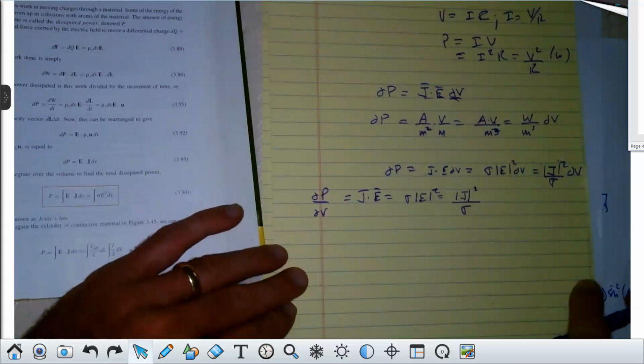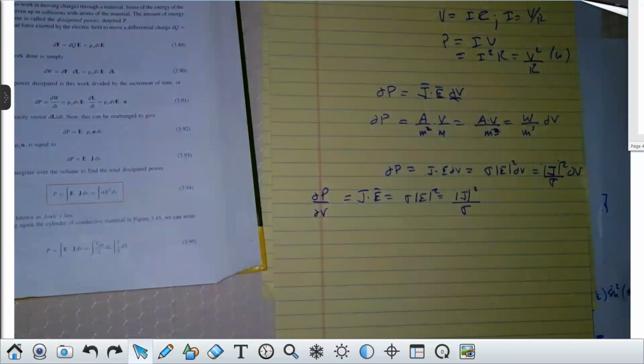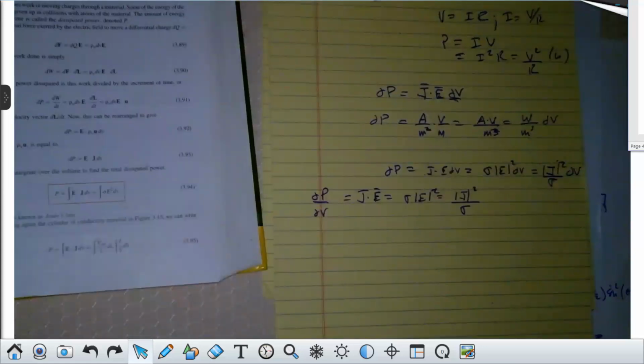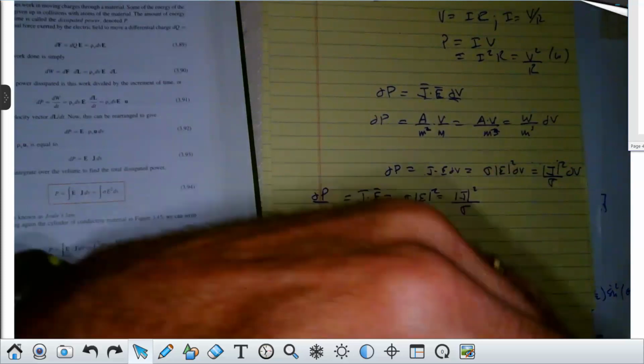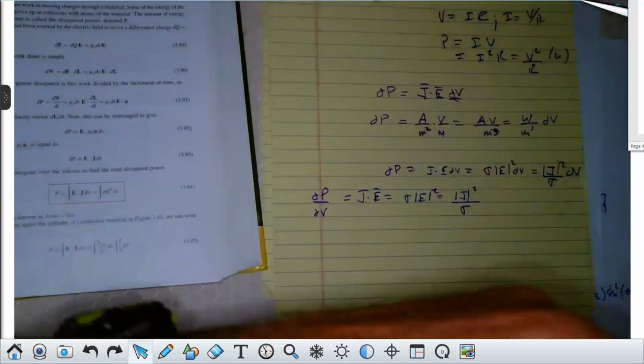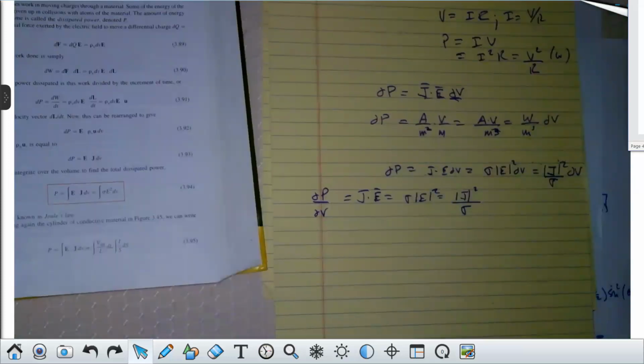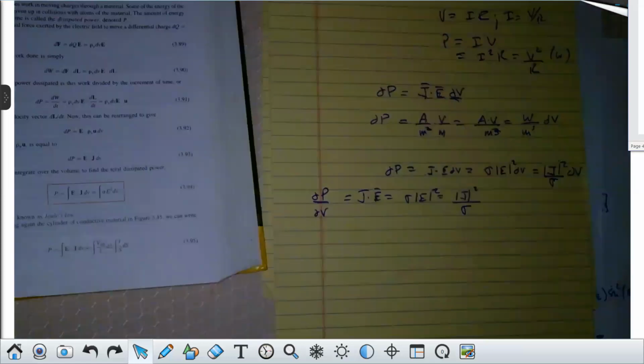All right, you do. So I'm going to go ahead and do an example. And we're going to take a look at resistance two ways. The first way is by doing it the classic way, assuming I, calculating J, then from J get E, and after E get V by integrating E dot dl. And the second way is by finding the amount of power dissipated per unit volume and then integrating that over an entire volume.